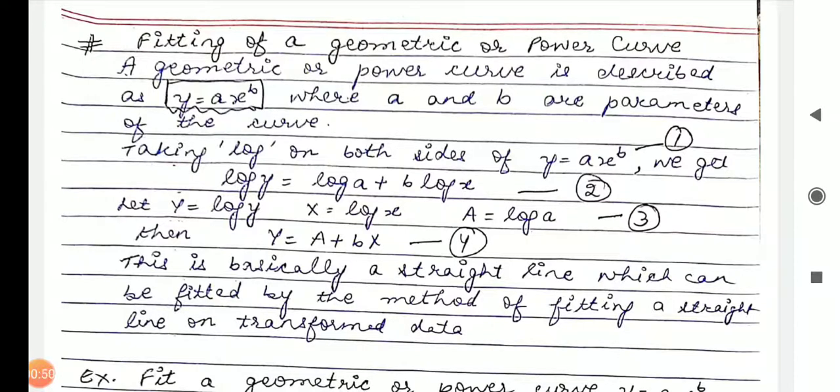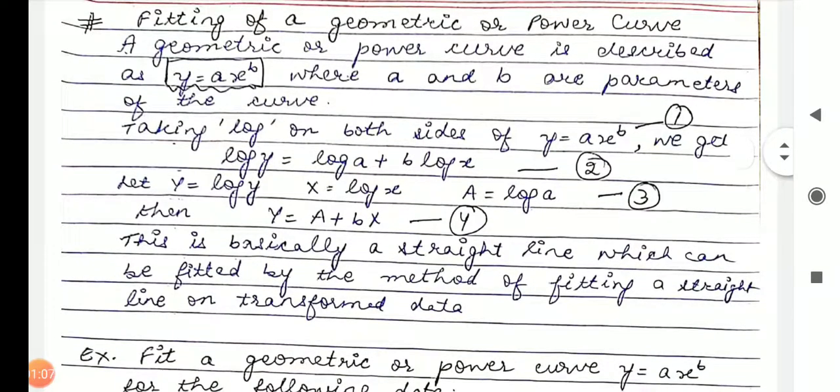Taking log on both the sides of y is equals to a x to the power b, we get log y is equals to log a plus b log x, where capital Y is equals to log of small y, capital X is log of small x, capital A is log of small a, then capital Y is equals to a plus b x. This is basically a straight line which can be fitted by the method of fitting a straight line on the transformed data.